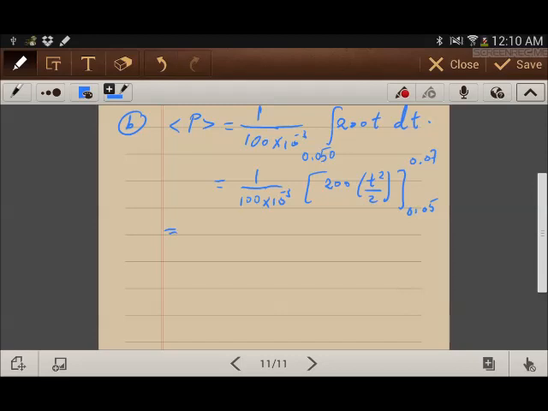So the answer will be 10 multiplied by 200 over 2, which is 100, multiplied by 0.07 squared minus 0.05 squared.